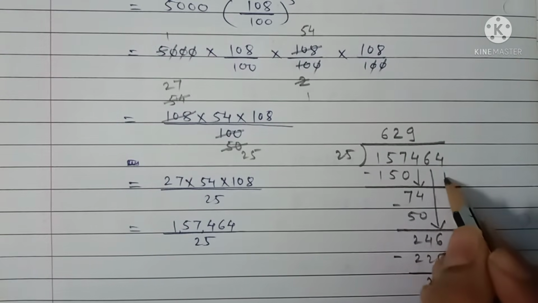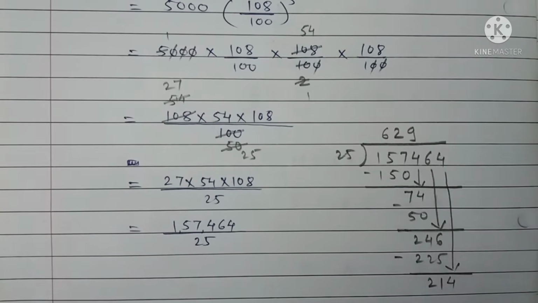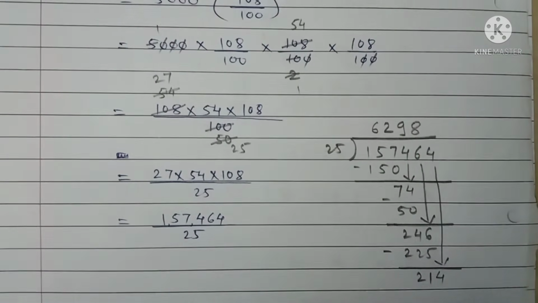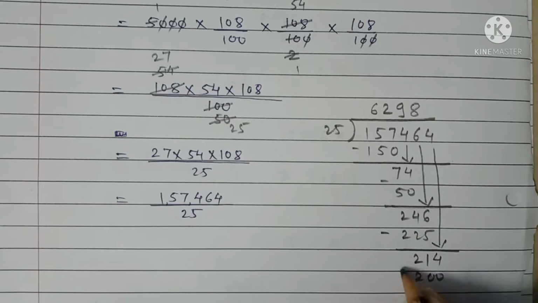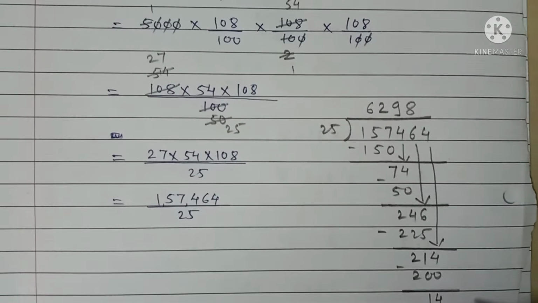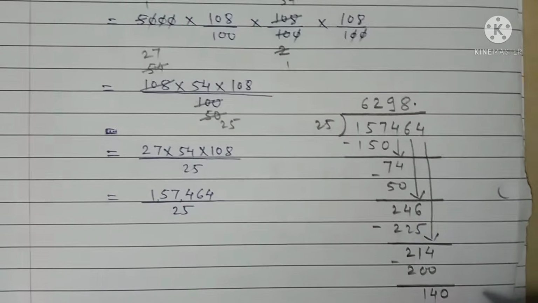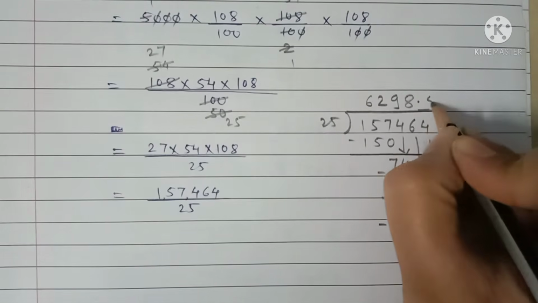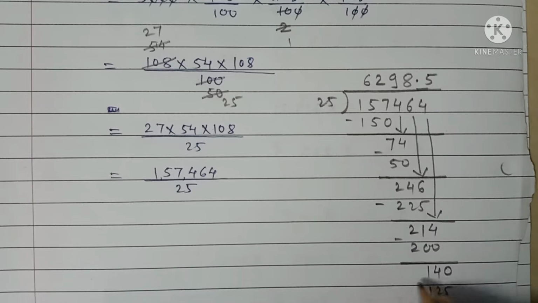Now this 4 is here. Then 25 8s are 200. 14 is remaining. Now give decimal point. 140. 25 5s are 125.